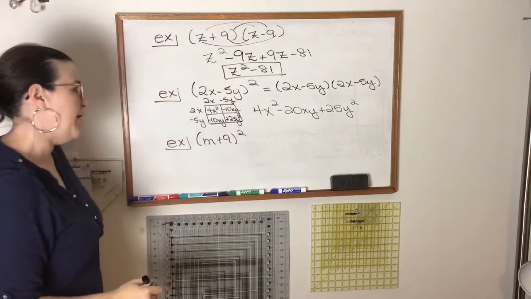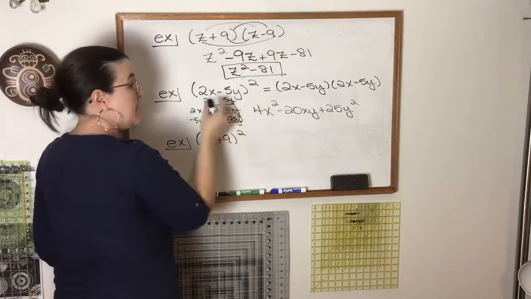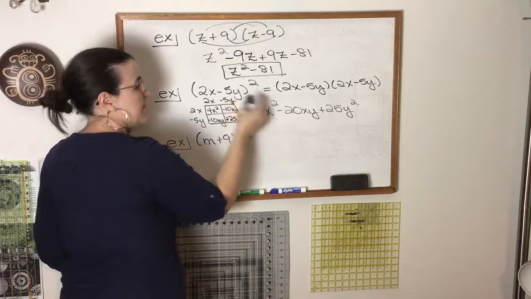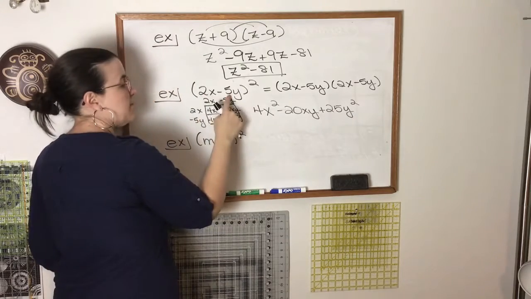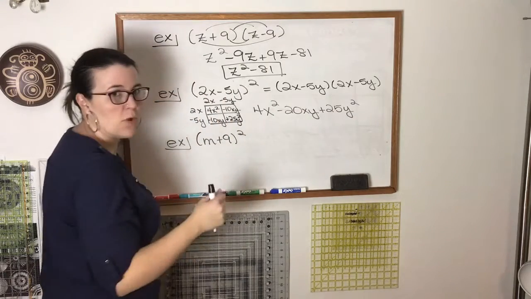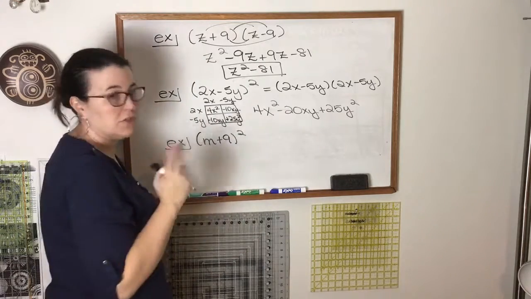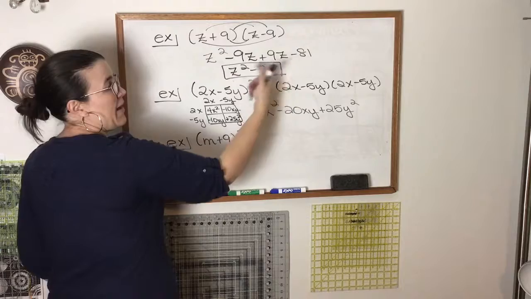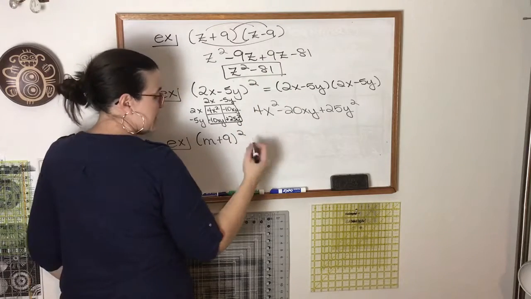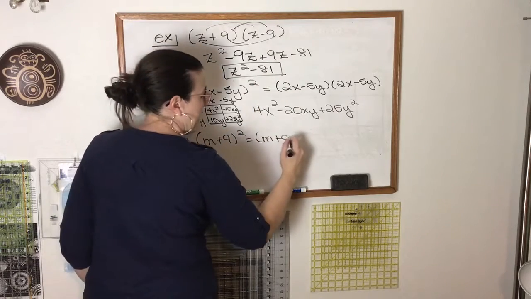And those are the pieces you end up with. It ends up being this one squared, and this one squared, and then 2 times 5 twice, which is 20. That's what the pattern says. But notice, I didn't need the pattern to do that multiplication. I don't even need the pattern to do this multiplication, but it's not a bad thing to know.